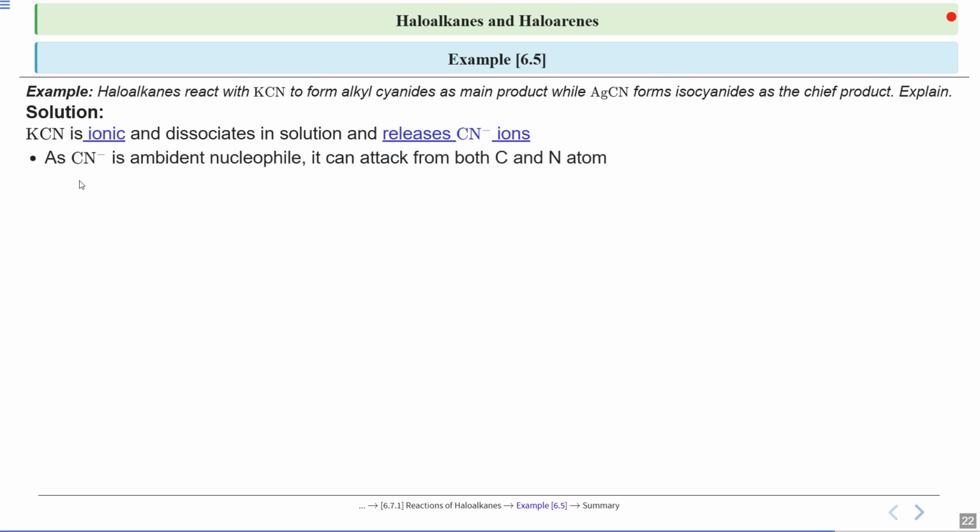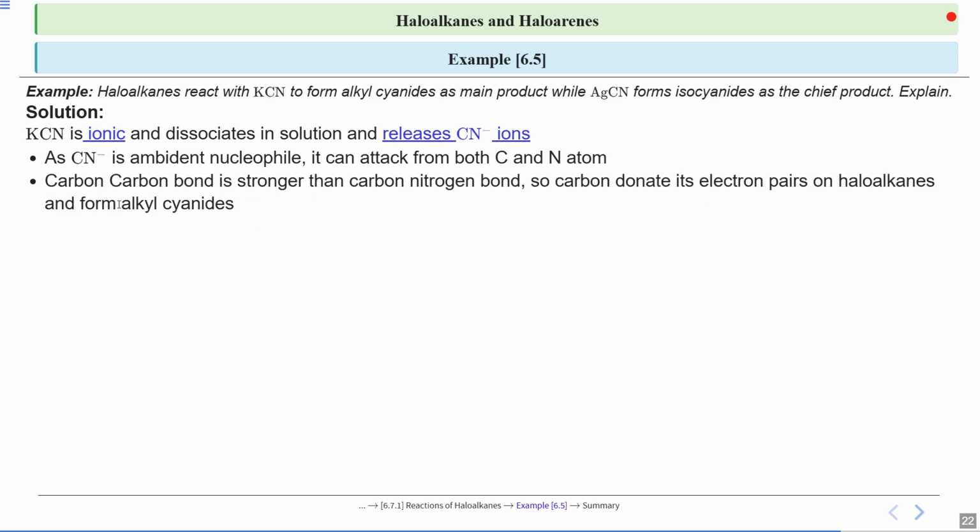Now, cyanide, that is CN negative, is an ambident nucleophile. That means this cyanide ion has the ability to attack the substrate, that is the alkyl group, through different sites, right? So it can attack from both the carbon and the nitrogen atom because it is an ambident nucleophile. The carbon-carbon bond is stronger compared to the carbon-nitrogen bond.